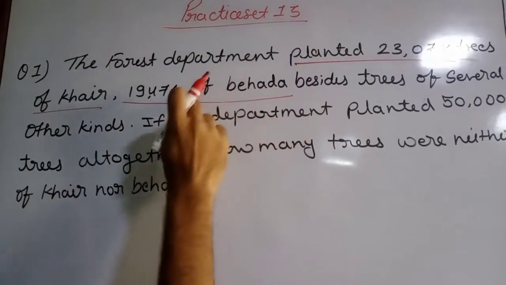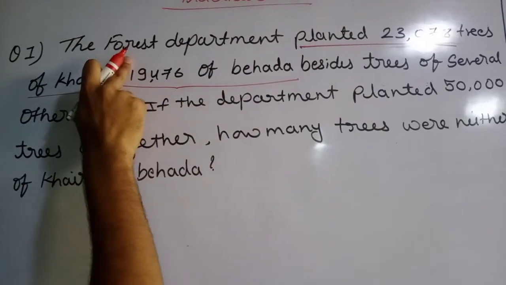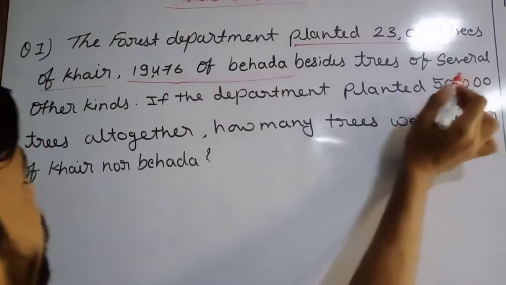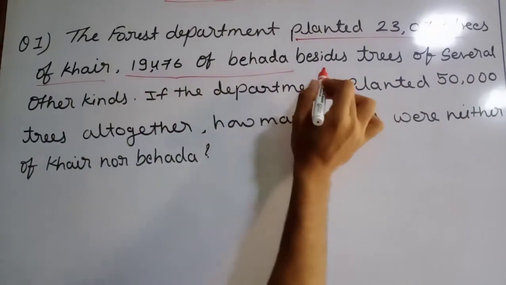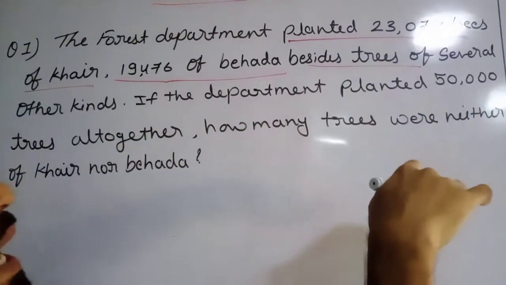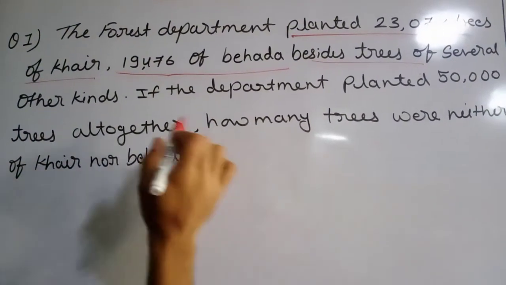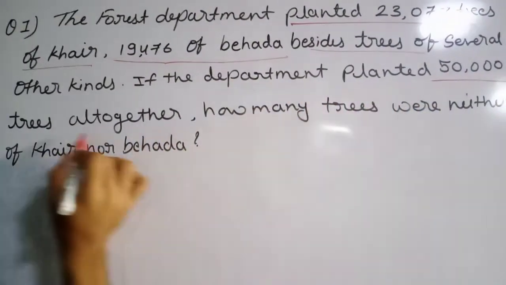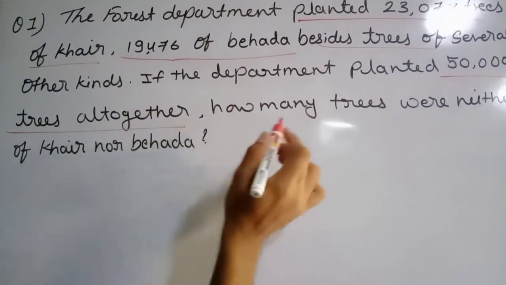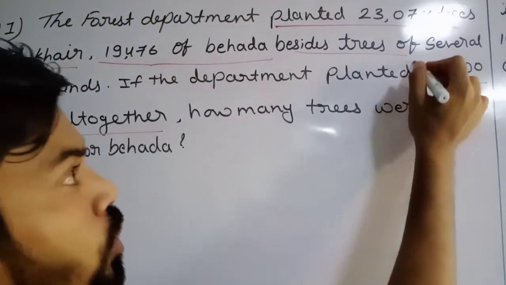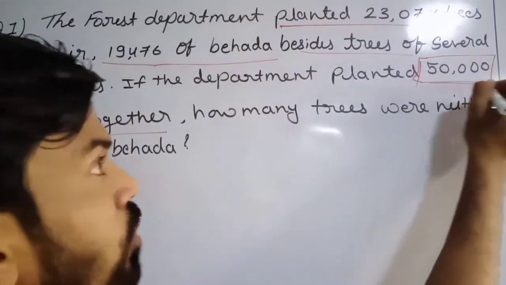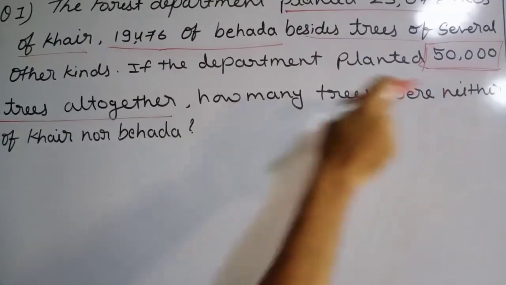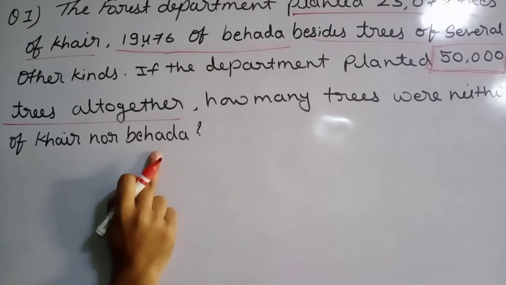So these are two kinds of trees the forest department planted, besides trees of several other kinds. If the forest department planted 50,000 trees altogether, how many trees were neither Khair nor Behda?